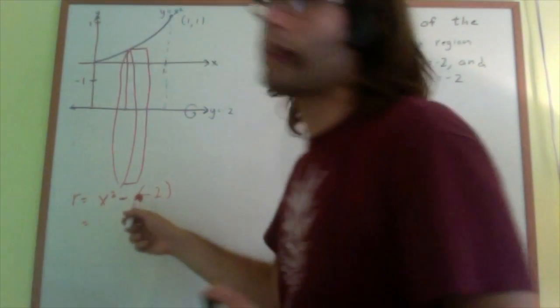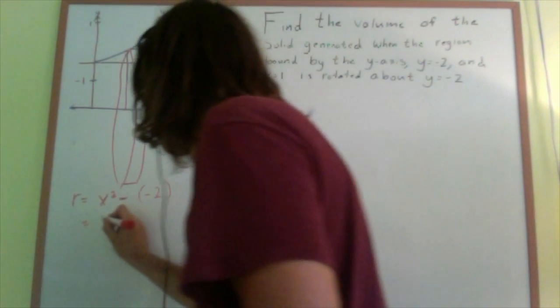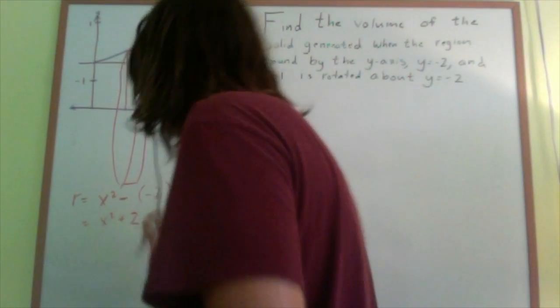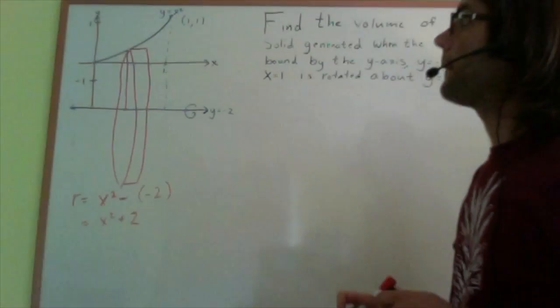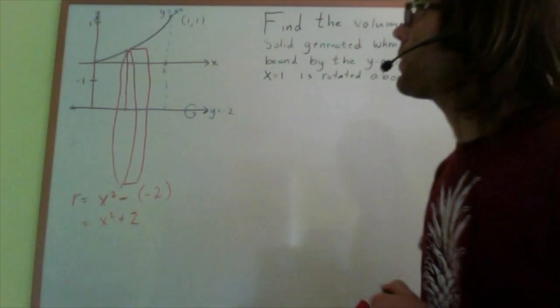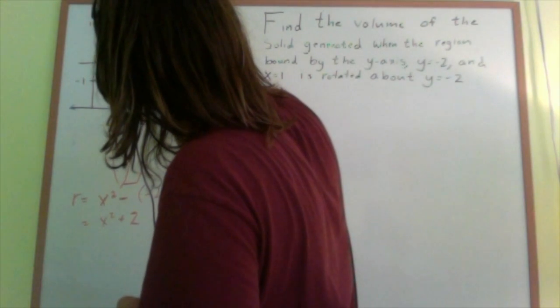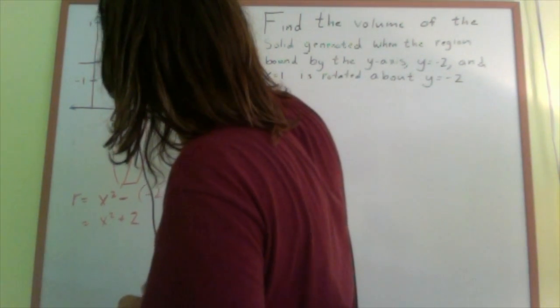And x squared minus -2 is of course the same thing as x squared plus 2. Okay, and now that we've got that, it's pretty much the same. The thickness here is horizontal, so this is going to be delta x.